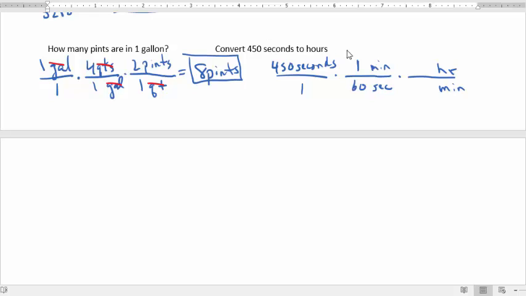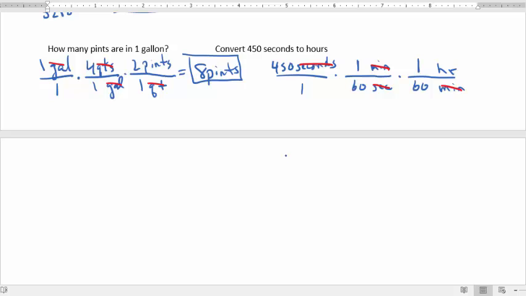Because again, at this point, you could even do this canceling to see. All right, now my answer is going to be in hours. I just need to fill in the numbers now. So what is the relationship, hours and minutes? There's 1 hour in 60 minutes. So what are we really doing in this instance? We're going to be doing 450 times 1 over 60 times 60.